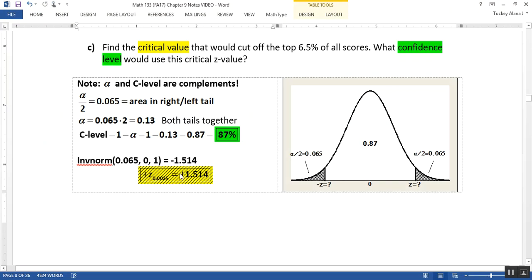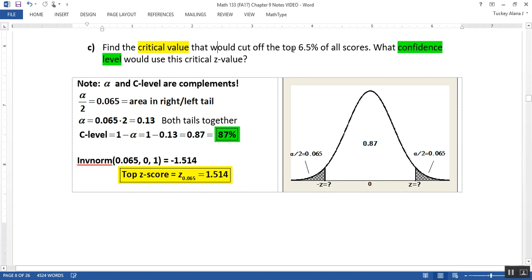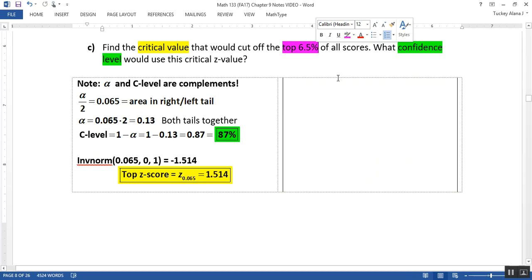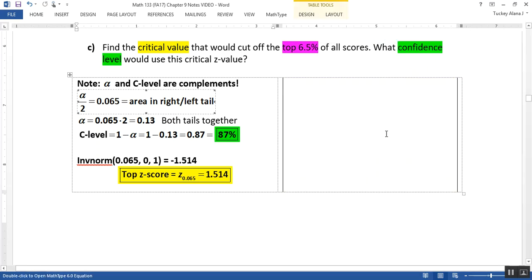So I used the calculator and I got the one on the left, but then I use my rationality, my logic here, and I think they're talking about the top 6.5% right there. That's a big deal, right? Because it's the top, that means that it has to be the one on the right that they're discussing.